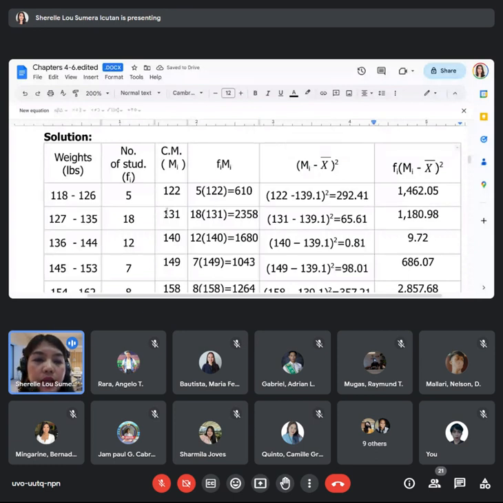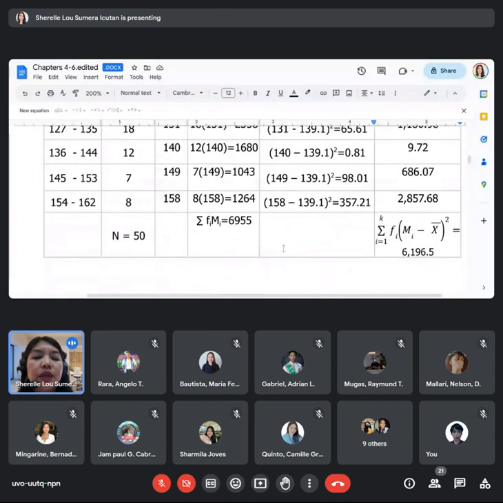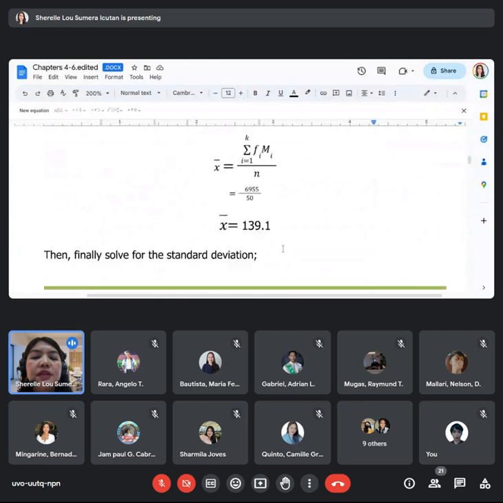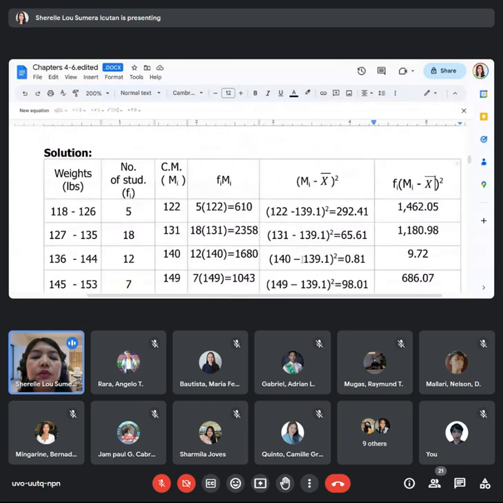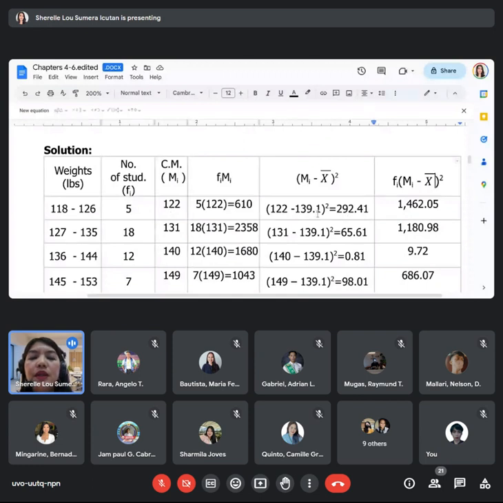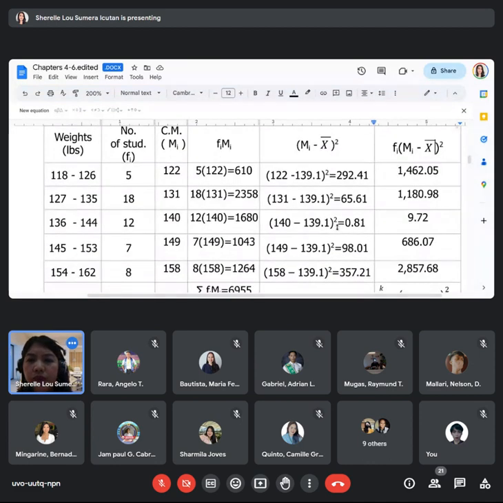So, nasan yung Mi natin? 122. What is your mean? So, it's very important that you have to compute for your mean first. So, in this case, your mean is 139.1. So, 122 minus 139.1 and you get the square. It's 292.41. So, you have to do that in all your rows.